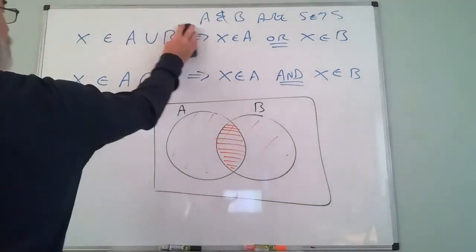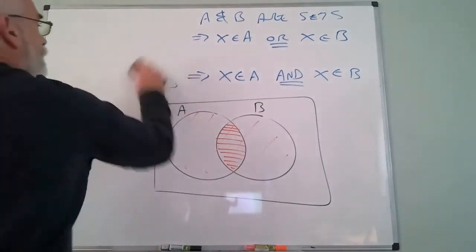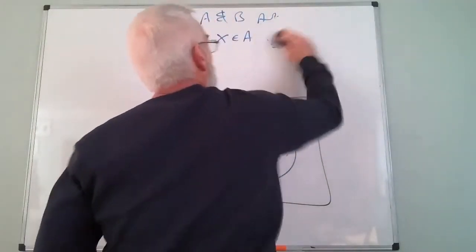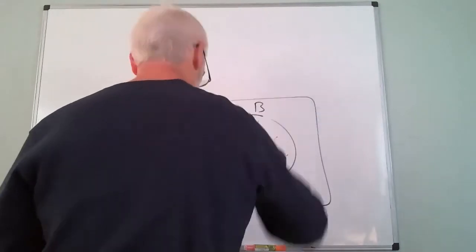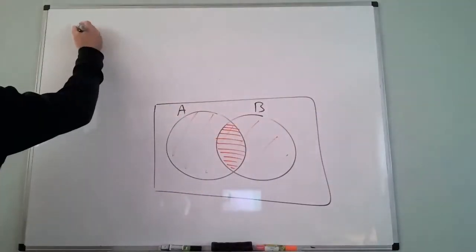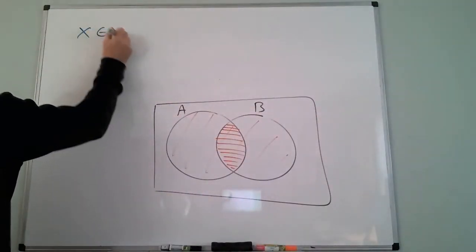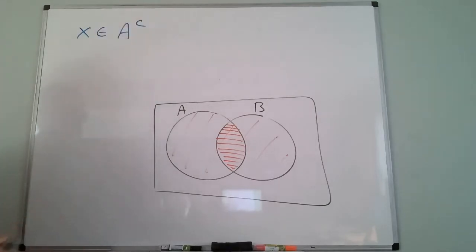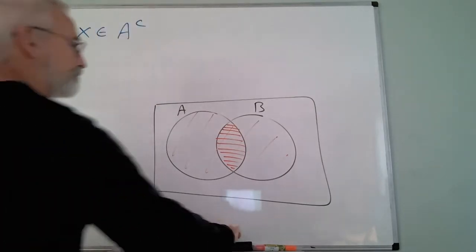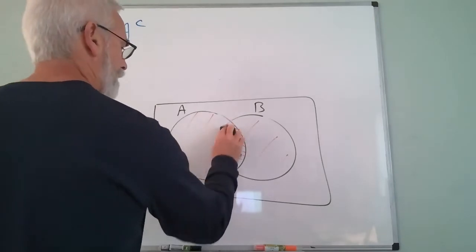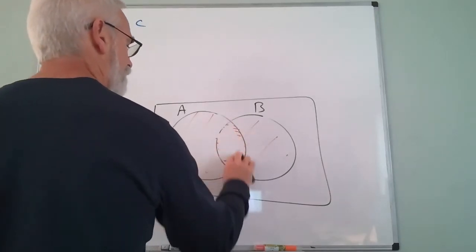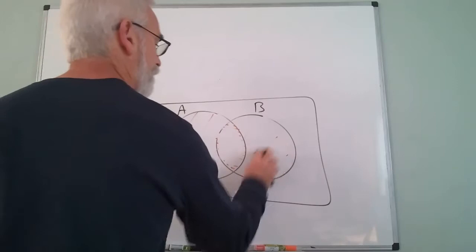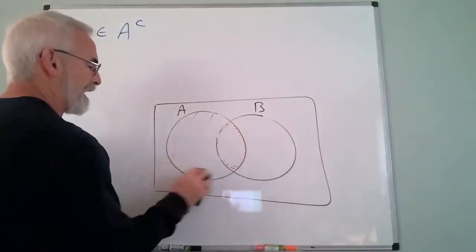Now, continuing. What if I said X is in A complement? That one's a little bit trickier from a Venn diagram standpoint. What does it mean to be in A complement?